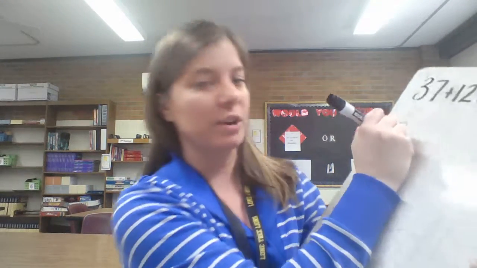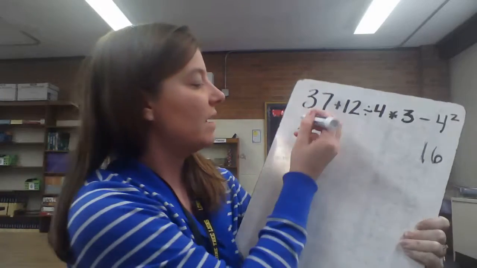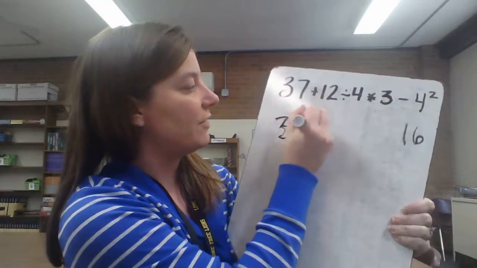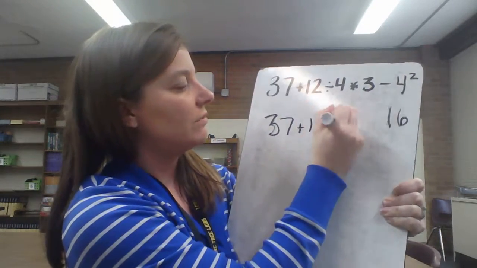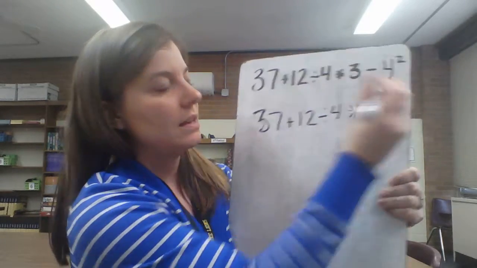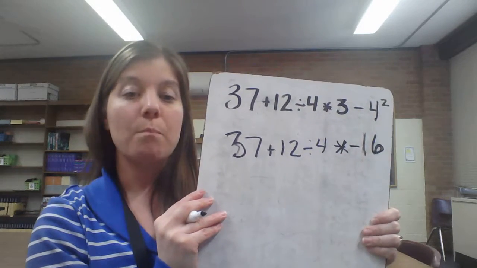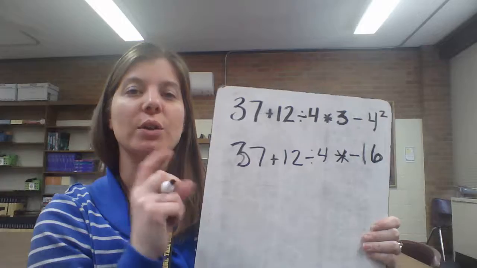Now I'm going to bring everything down. You know what? I think we need a better marker here. Bring everything down. So 37 plus 12 divided by 4 times 3 minus 16. Now I'm ready for multiply, divide. Remember, they're married. We're going to go left to right.